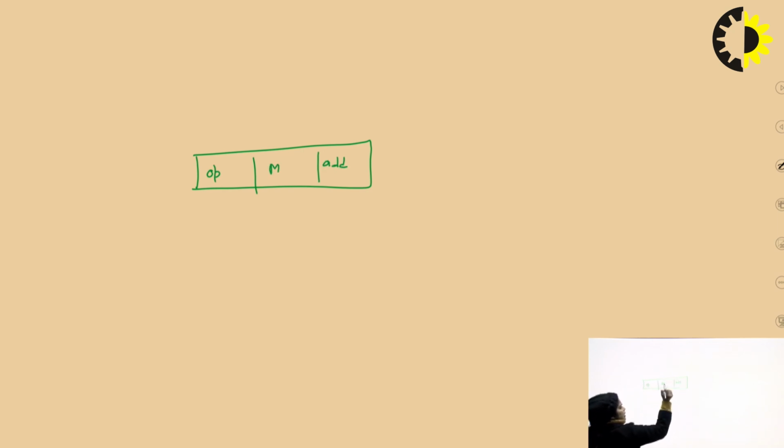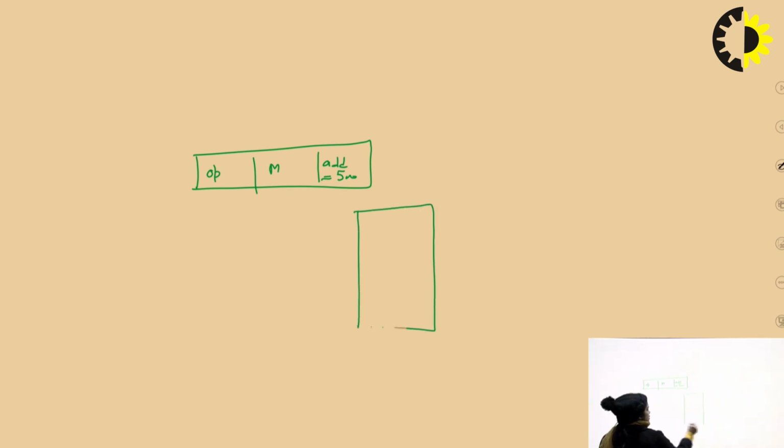So in the direct addressing mode, suppose I have opcode, mode and address, and the address is 500. This is the memory, and in the memory, at address 500, the operand is residing.